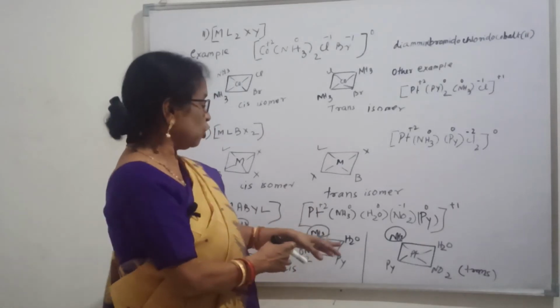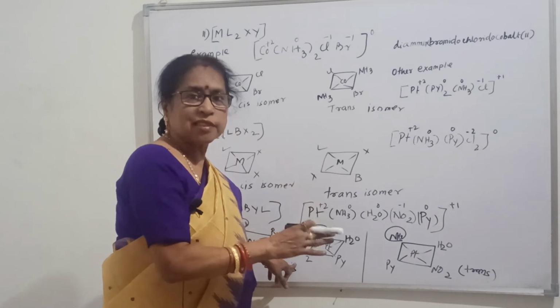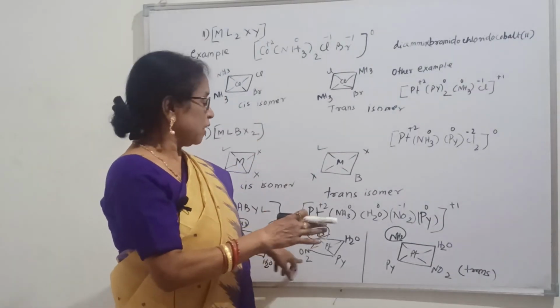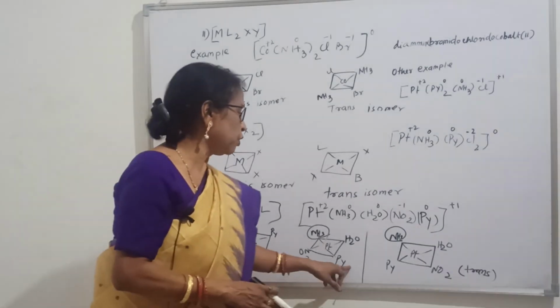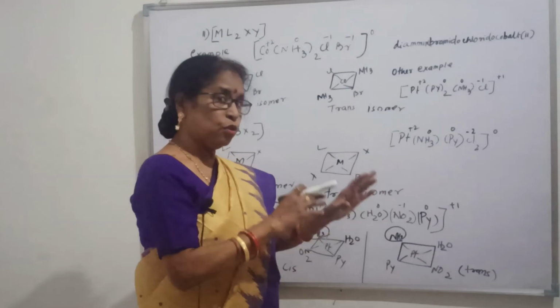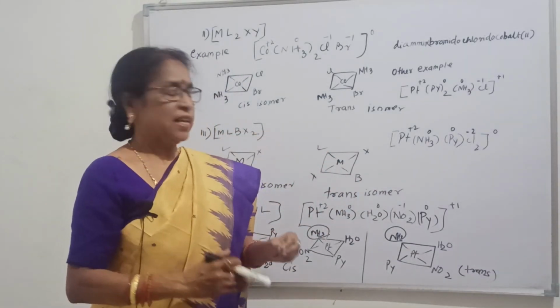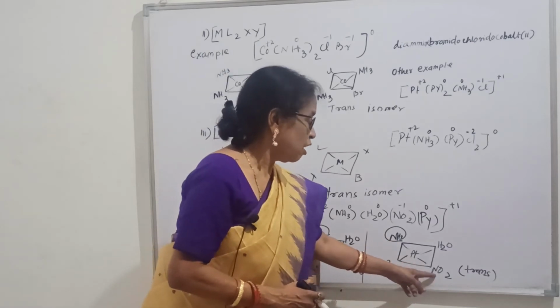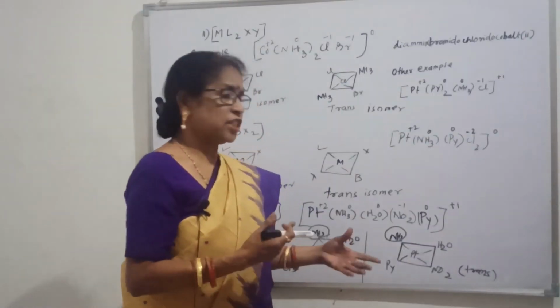Since ammonia and NO2 are adjacent and in cis form, you change this one, PY to here, NO2 to here, that is trans. Because we fix NH3 and NO2 adjacent, again this is trans, opposite to each other, and like this you put trans.